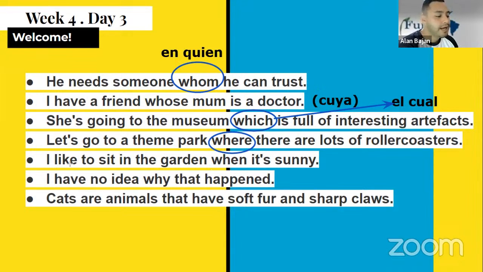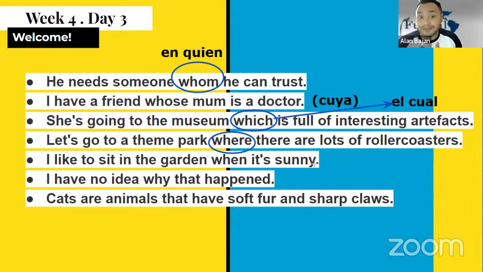Number 5, I like to sit in the garden when it's sunny. Where is the relative pronoun in sentence number 5? When, exactly. If I say, I like to sit in the garden, oh, cool, excellent.